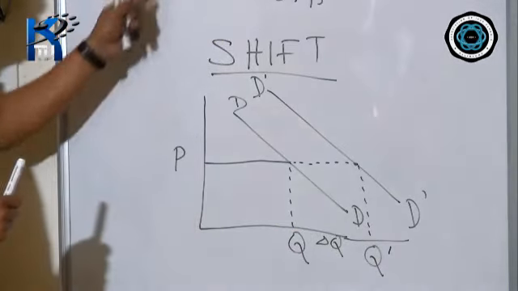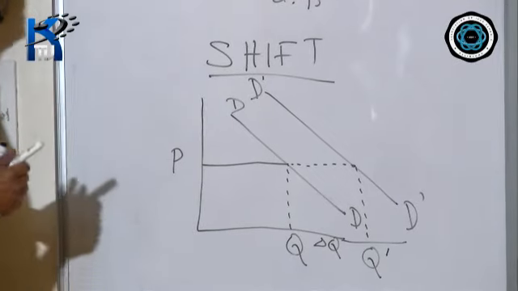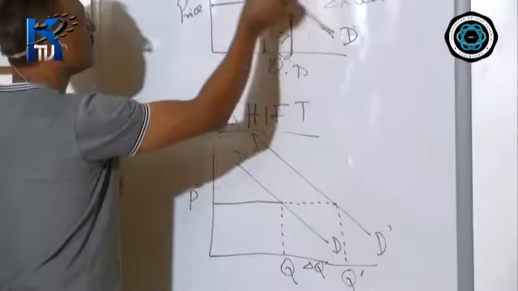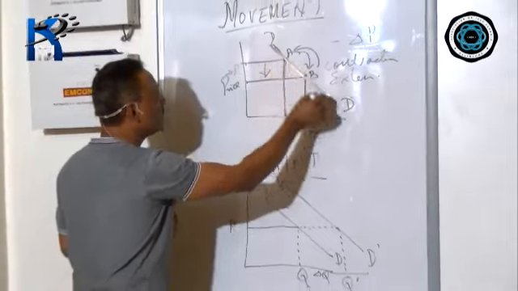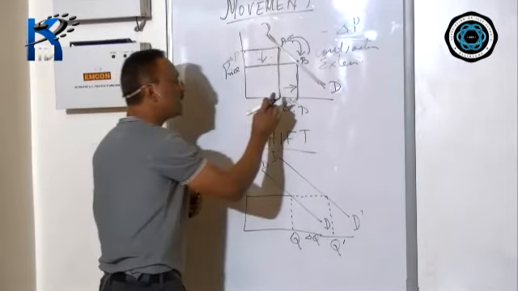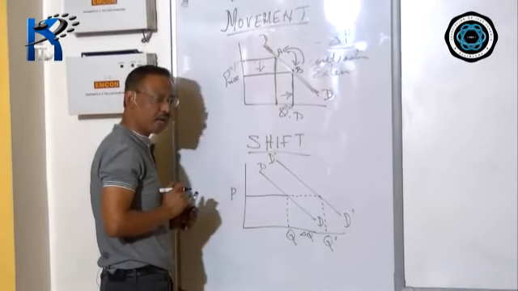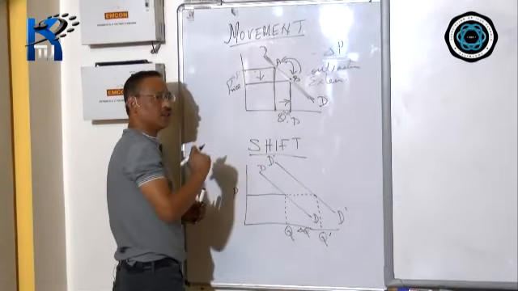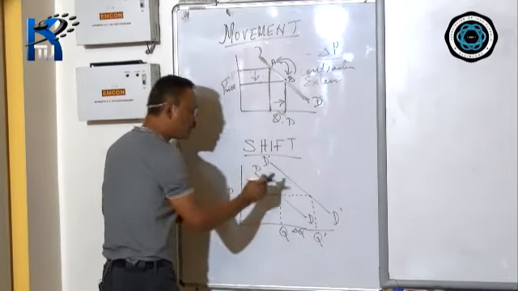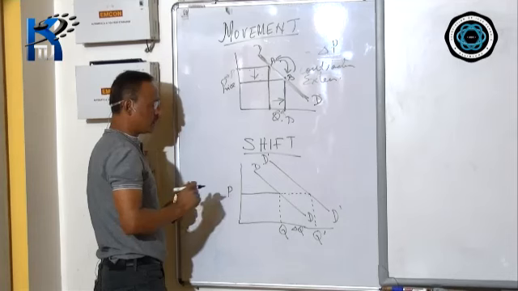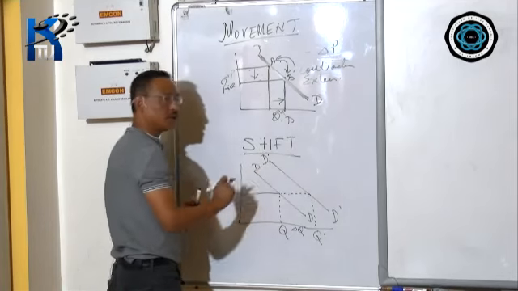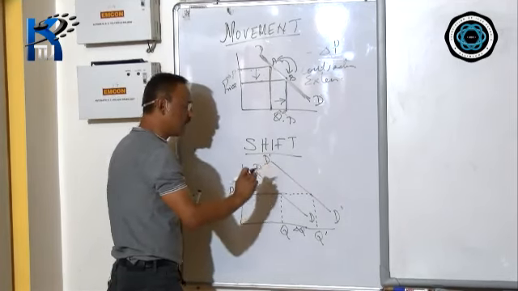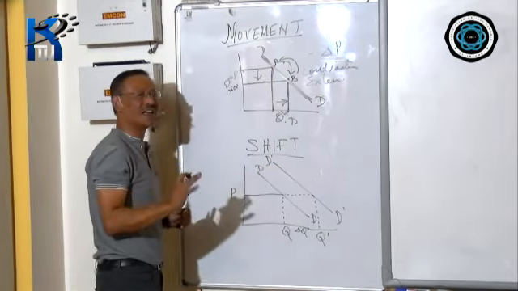Another thing you will see when I explain to you: in movement, you will have to say increase in the quantity demanded or decrease in the quantity demanded. In shift, you have to say increase in demand or decrease in demand, not quantity demanded.